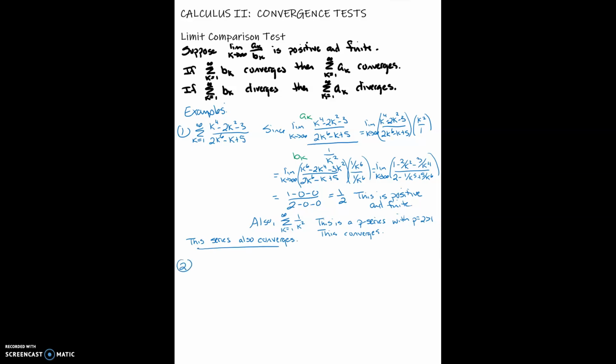Let's take a look now at the sum as k goes from 1 to infinity of 1 over the square root of k squared plus 1. We'll start by looking at the limit as k goes to infinity of my a sub k's. That's what was given, 1 over the square root of k squared plus 1.